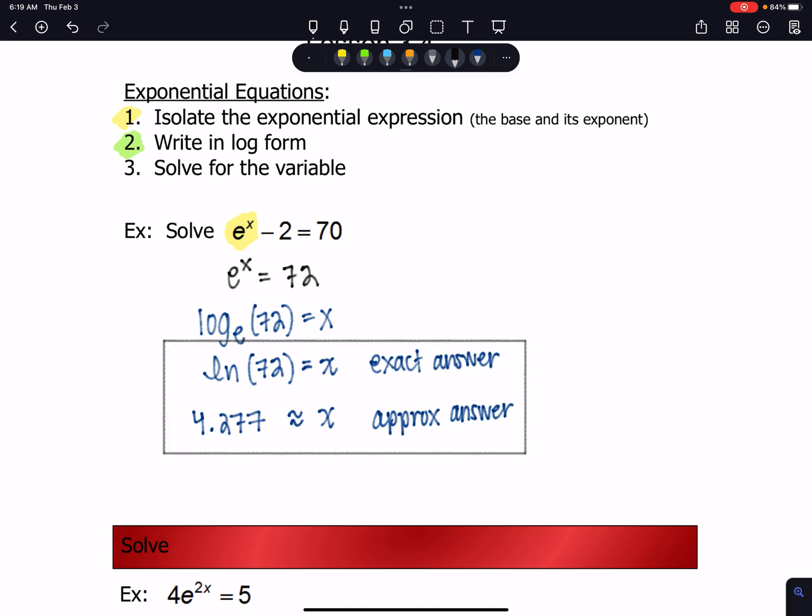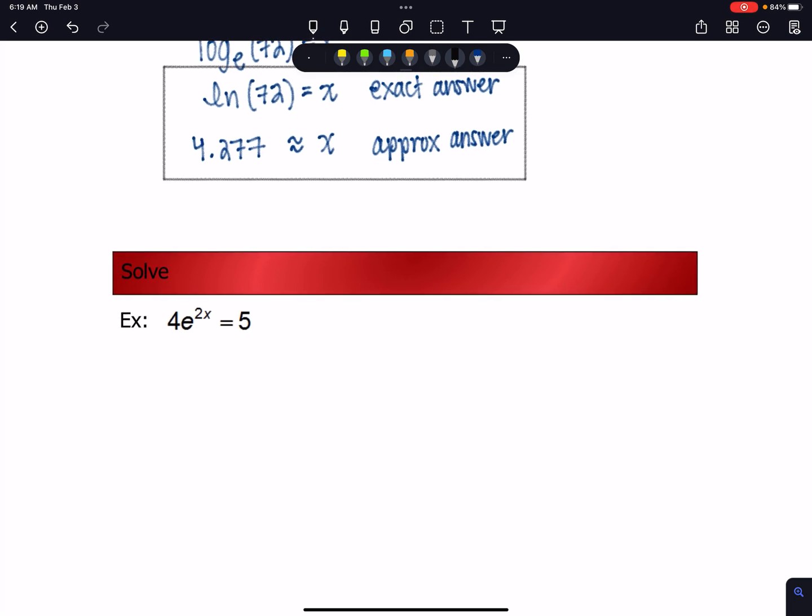Okay, let's try another. We've got 4 times e to the 2x equals 5. We are going to isolate the exponential expression, the base raised to its exponent. Right now the base raised to its exponent is being multiplied by 4, so I'm going to undo that multiplication.